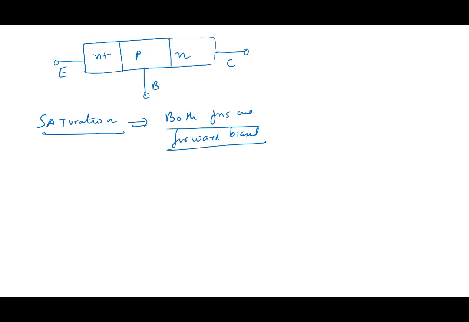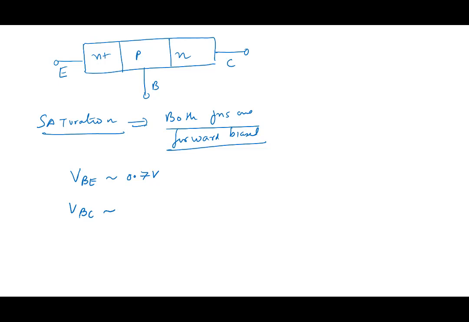So both junctions are forward bias. You know that VBE, if it is forward bias, would be around 0.7 volt. It's a forward bias junction, right? Base-collector junction is also forward bias. So what should VBC be?